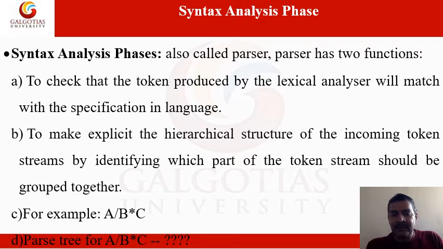For example, A divided by B cross C. The question is which part should be grouped together: A divided by B, or B multiplied by C. You can apply BODMAS here, whether the division or the multiplication is calculated first. On that basis, we explicitly make the hierarchical structure of the incoming token stream.